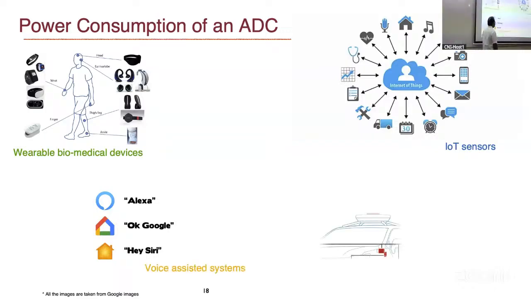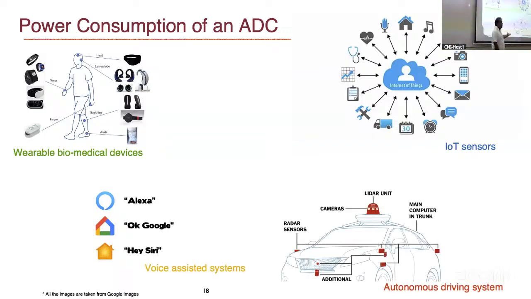Then of course we have autonomous driving systems and their corresponding sensors, which will always be working on mostly battery power. So power consumption is an important aspect in most of these kinds of applications. All these applications are typically measuring analog signals, and they have to convert them to the digital domain, and ADCs are there. So power consumption of ADCs is what we will be focusing on.